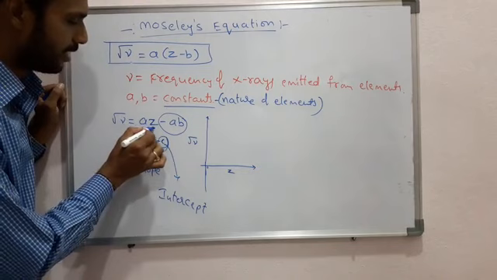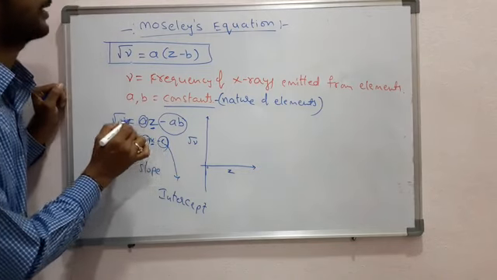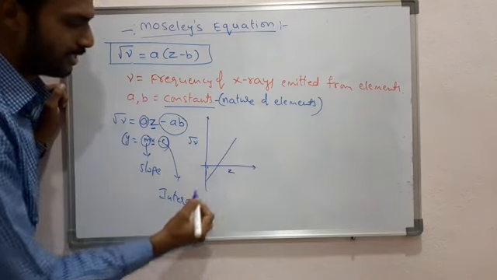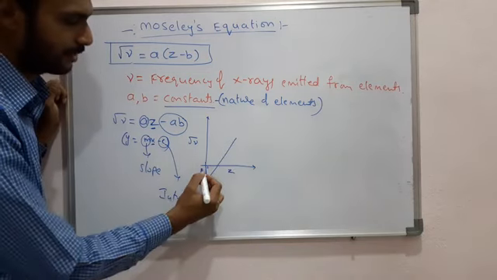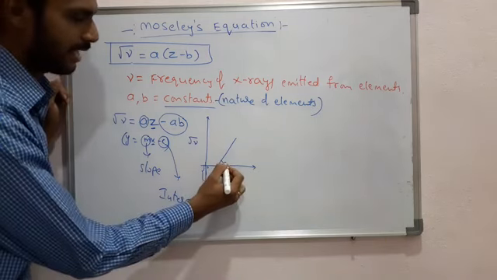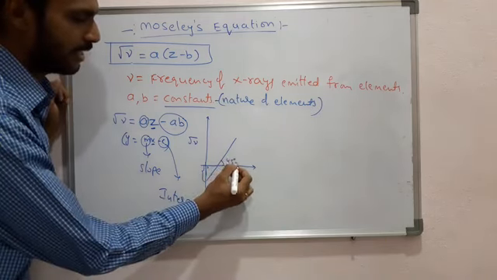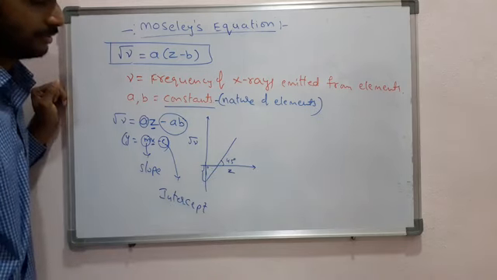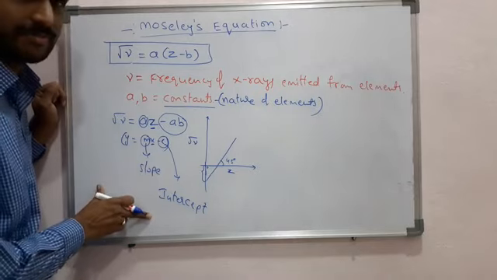The slope is equal to a, and the angle is generally 45 degrees. So this is Moseley's equation.